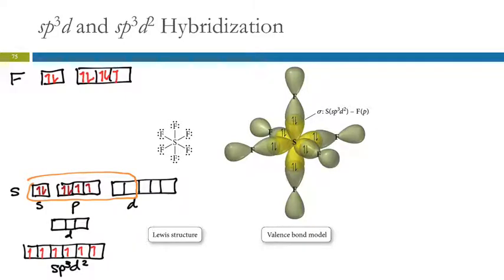So we have those 6 orbitals, like these 6 balloons. Each one has an electron in it, and it can overlap with the orbital on the fluorine. So each of those can overlap with 1 fluorine, and so we get something that looks like that. This is a sigma bond between sp3d2 on the sulfur and an unhybridized p orbital on the fluorine. The shape is an octahedron. The model matches up with observation. Any questions?